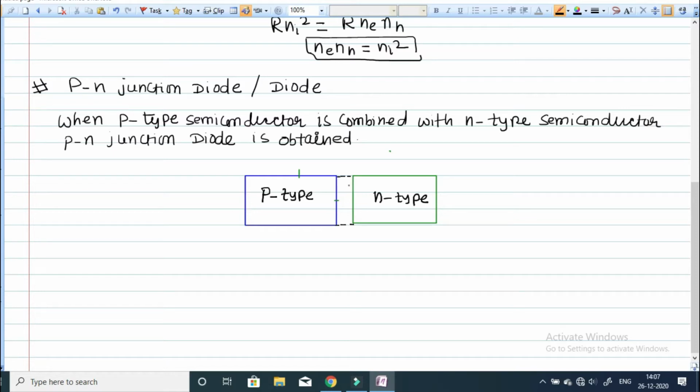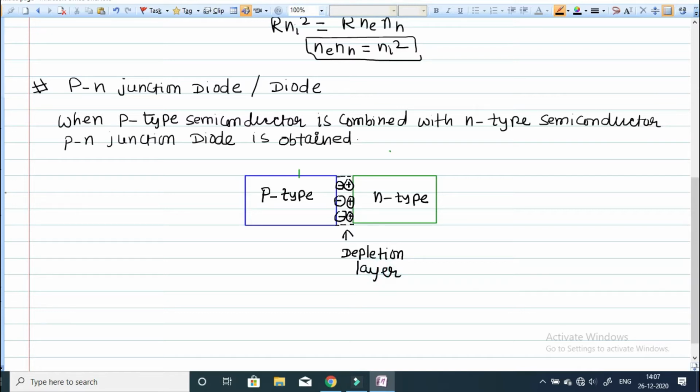I will explain it later on. Positive, negative, positive, negative. And this region is basically the junction. This region is known as depletion region, or depletion layer.